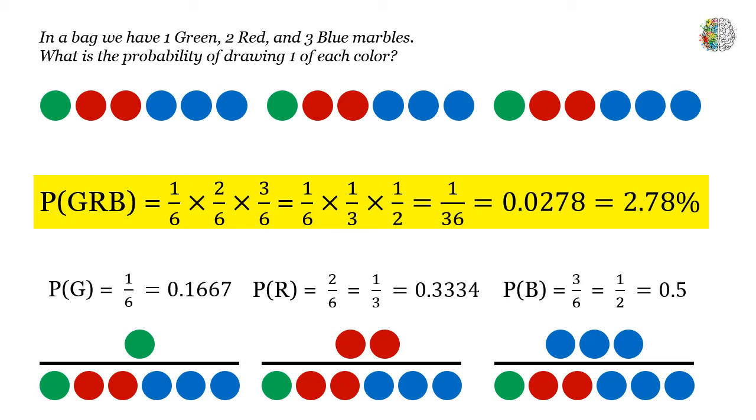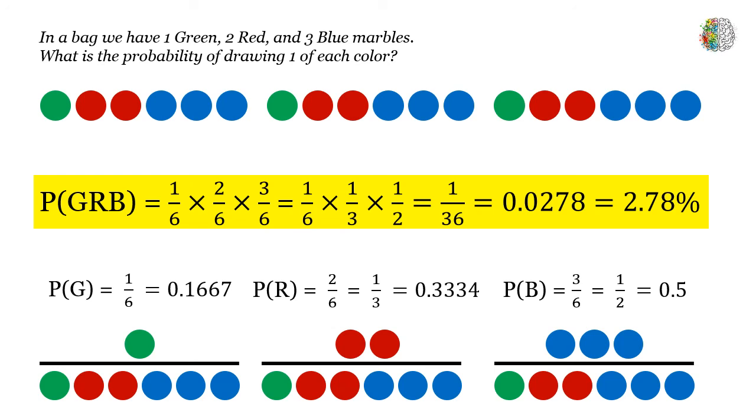I could do that in reverse order. Draw a blue, a red, and then a green, and I'm going to end up with the exact same results. Or I could mix it up and do a red and then a green and then a blue, or a blue and then a green and then a red. There's lots of different combinations of the orders, but the numbers are still going to be the exact same.